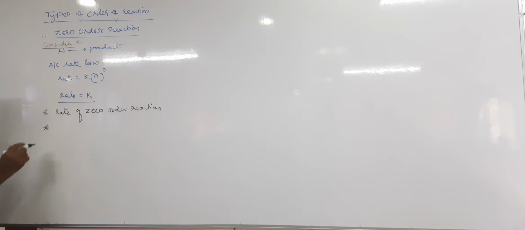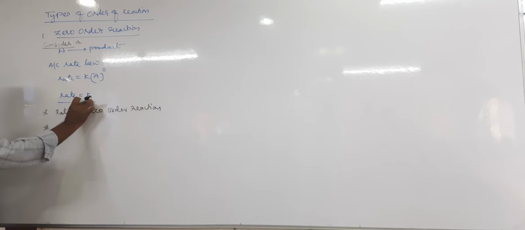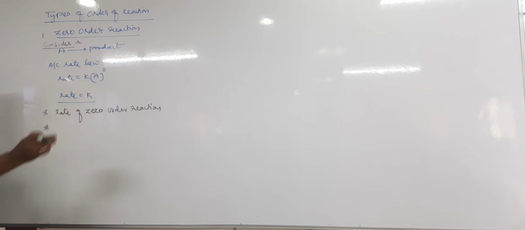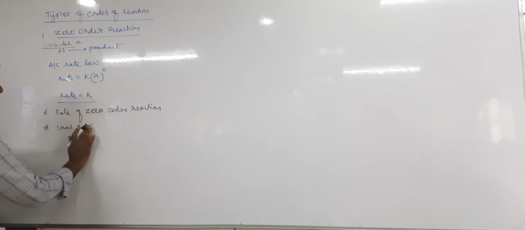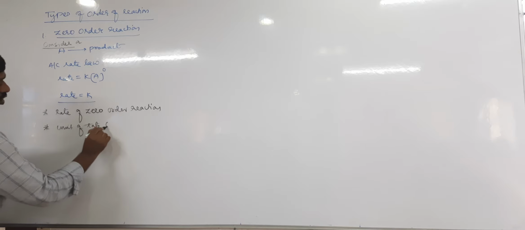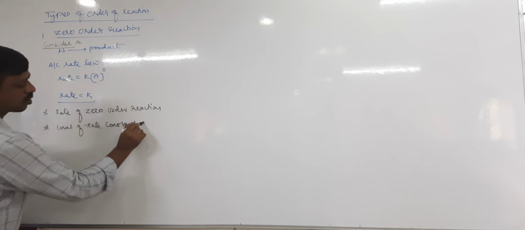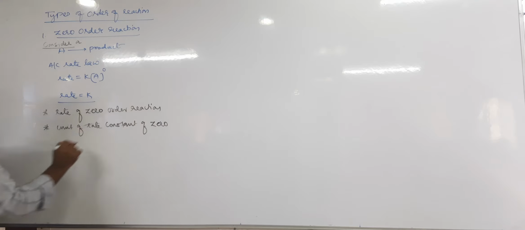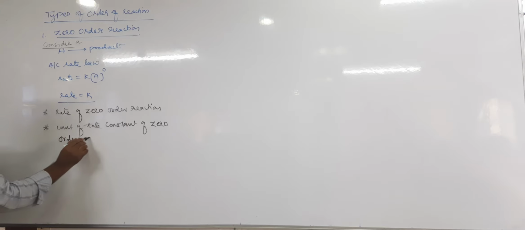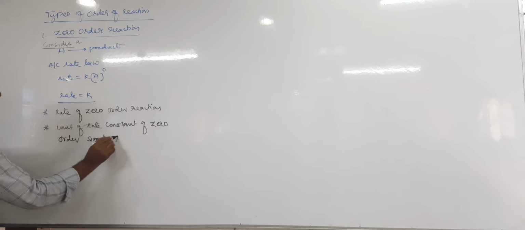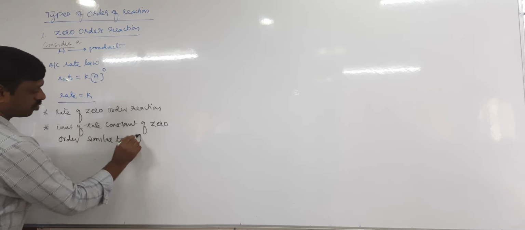Next point. What is the unit of rate constant of zero order reaction? The unit of rate constant of zero order reaction is similar to the unit of rate of chemical reaction.